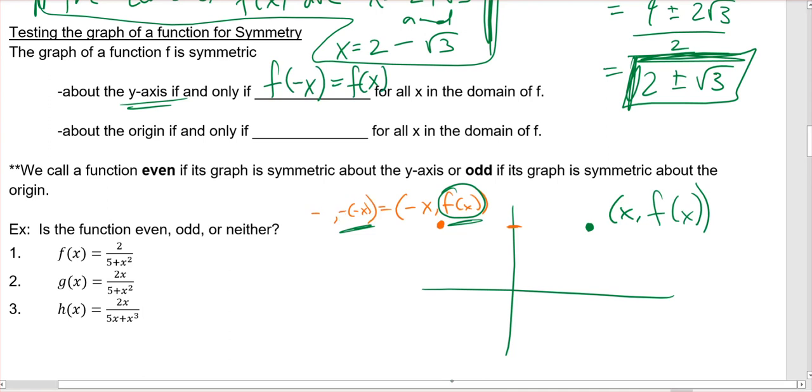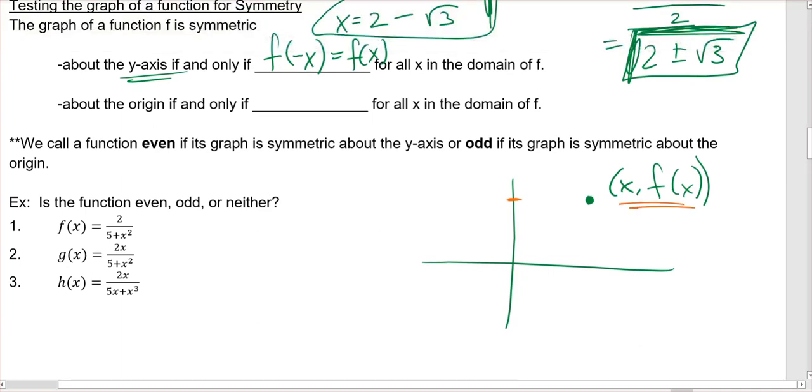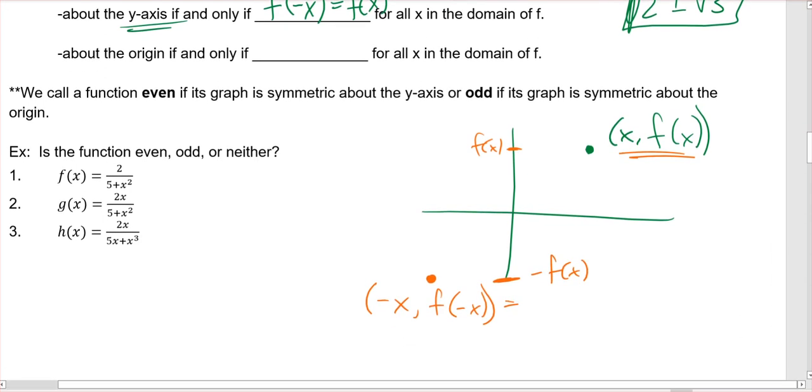All right, so let's do the same thing with the origin symmetry. If I've got origin symmetry and I've got this point on there, that means that the point down here has to be present. Well, that's going to have a negative x coordinate, and if I put that negative x coordinate in there, well, thinking about what this is, that's f of x. And now down here, that's a reflection of this, so the negative of what we have up here is reflected down as a negative of that y value.